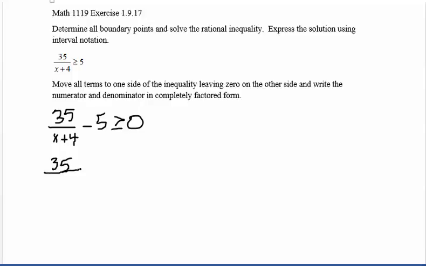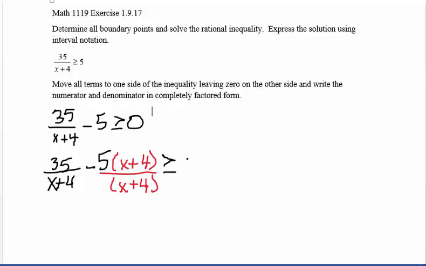So I'm going to subtract 5 from both sides of the inequality. And then I want to get this as a single rational expression, so both terms need to have the same denominator. So I'm going to multiply 5 by x plus 4 over x plus 4, and that's still greater than or equal to 0.